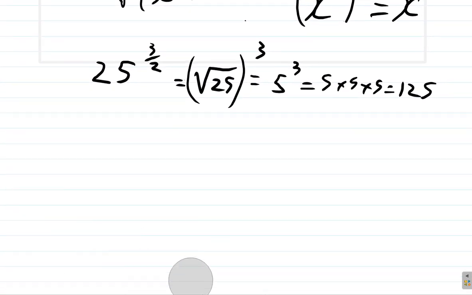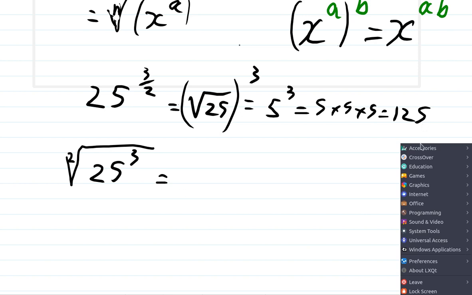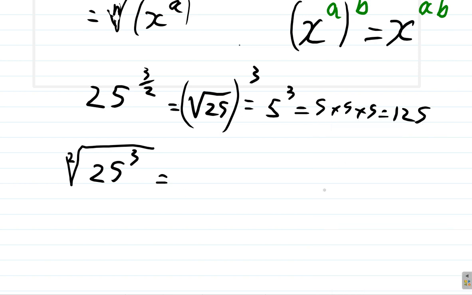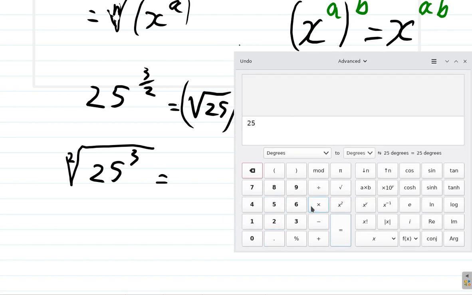Now, I found the root first. But suppose you raise to the power first. You'll be dealing with bigger numbers. 25 raised to the 3, and then you're going to find the square root of that. And you have to be using a calculator. Suppose you're not allowed to use a calculator. What will you do? You'll be in some problems there, because you have 25 by 25 by 25, which equals 15,625.